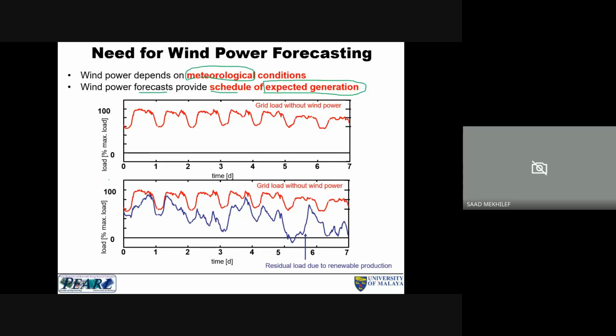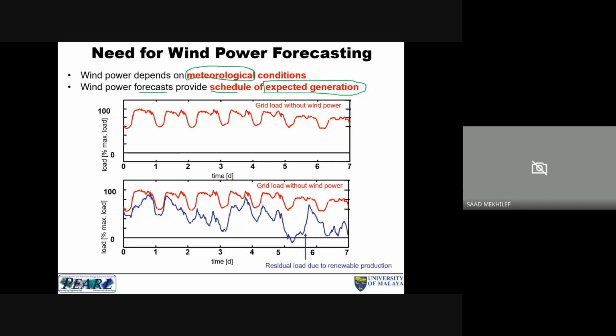An example here: we see the maximum load, which is 100 percent, and the grid load without wind turbine. The grid load goes up and drops, and it keeps changing, up and down.